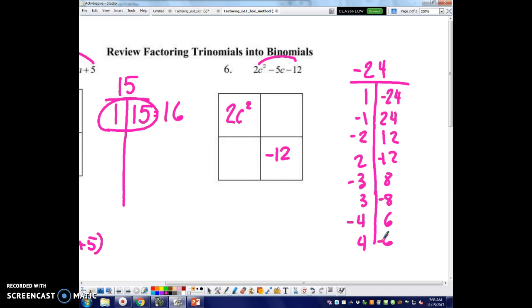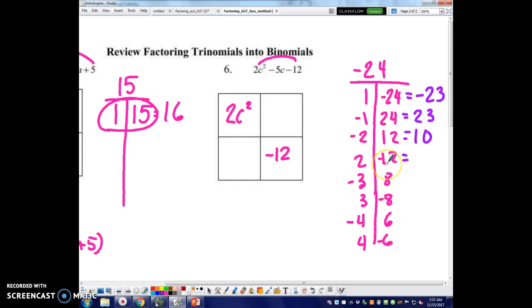Okay, so now we're going to do the adding part. 1 minus 24 is what? Negative 23, right? Negative 1 plus 24 is what? You can type it in your calculator. 23. So negative 2 plus 12 is 10.